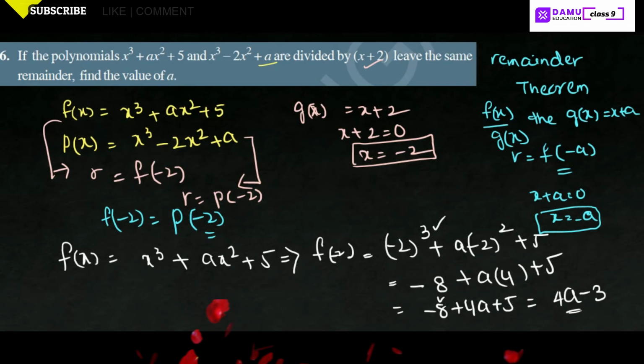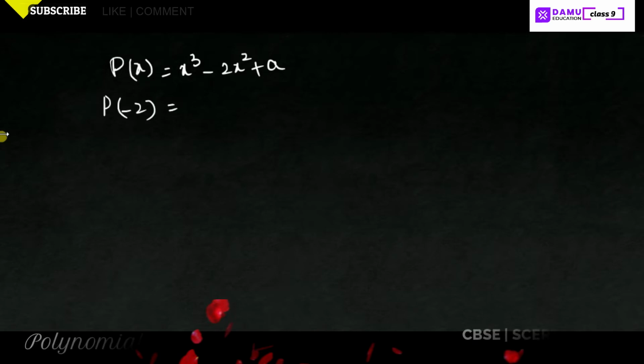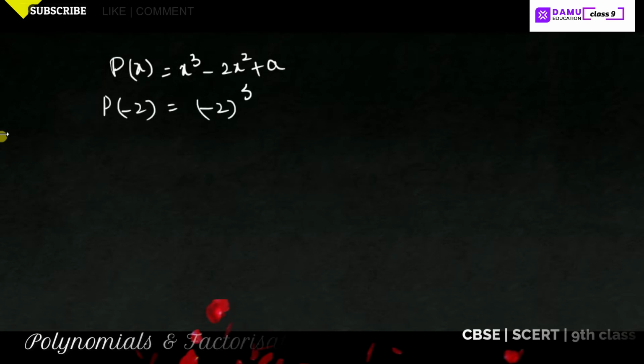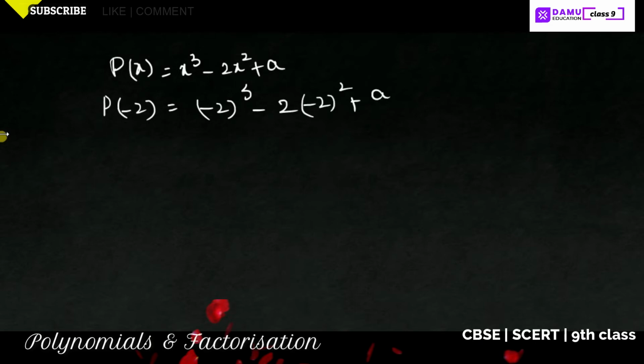Then what is p of x? P of x will be equal to x cube minus 2x square plus a. Then what is p of minus 2? It is minus 2 whole cube minus 2 into minus 2 whole square plus a. Here an odd power came, so the minus stays, and 2 cube is 8.